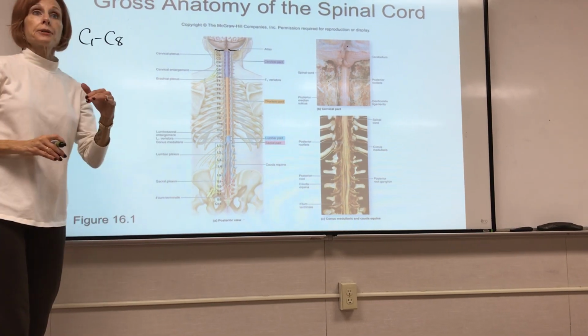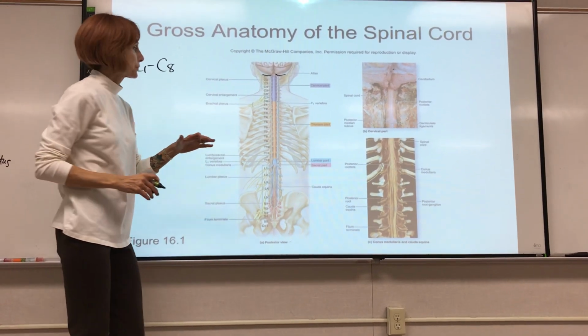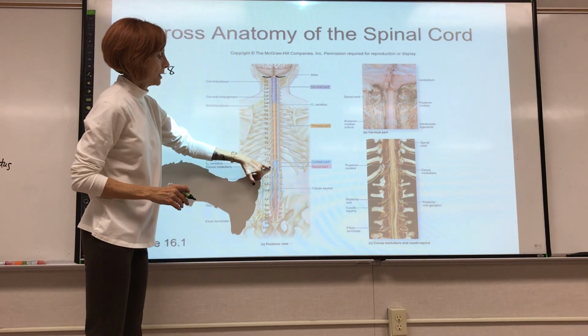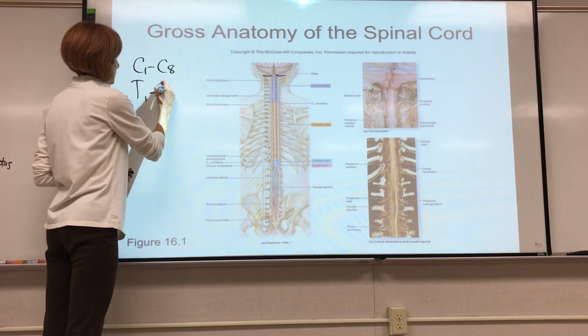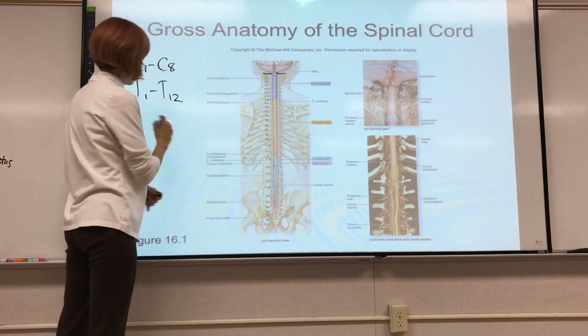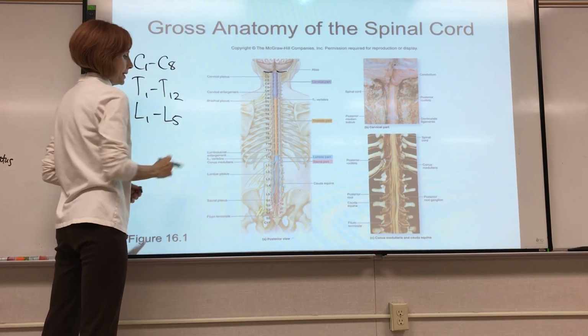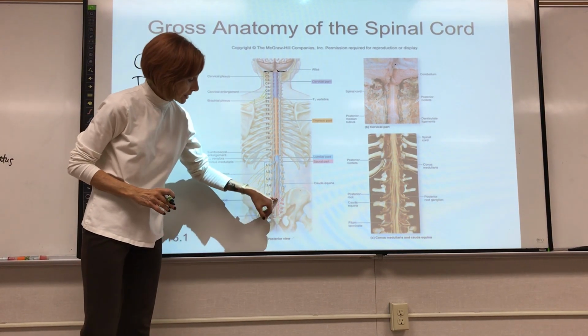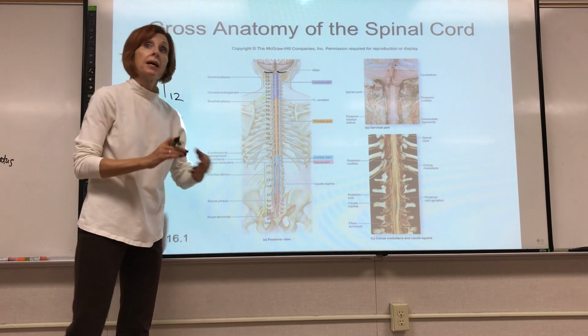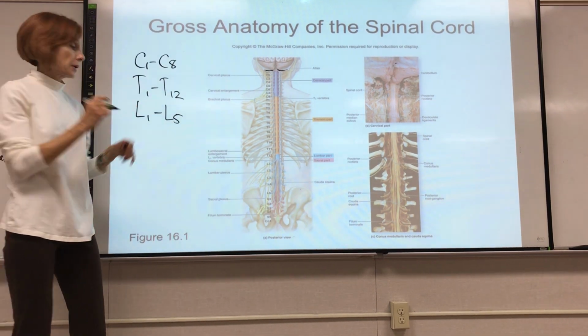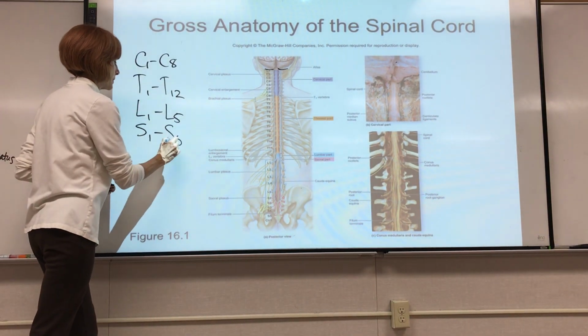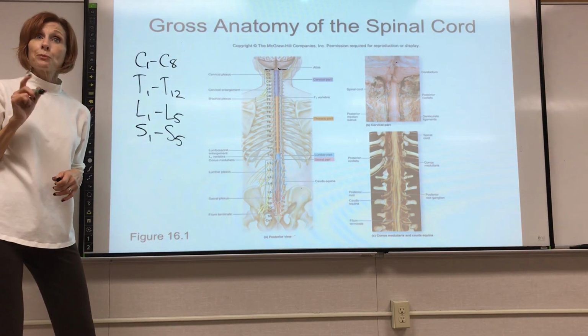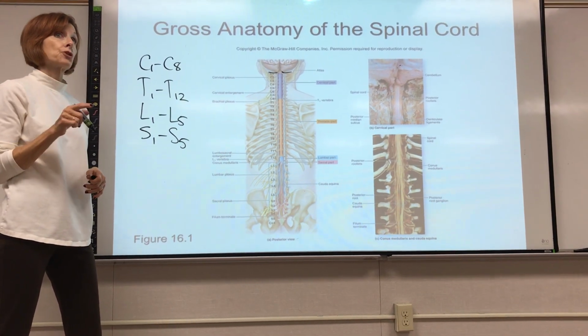Okay, now the rest of them are actually the same as the number of the vertebrae. We have 12 thoracic, so this is how they're named. We have 5 lumbar. Now notice that some of the nerves here will actually go down into the sacrum. They'll travel out through those sacral foramina. So these are named S1 through S5. And then we also have 1 coccygeal pair.